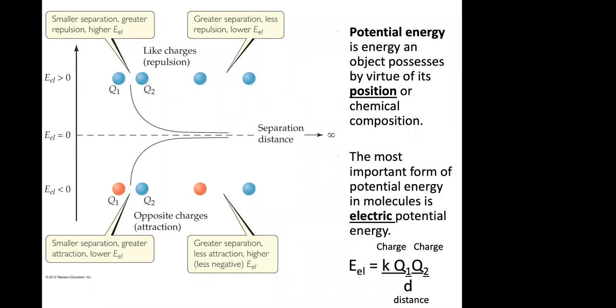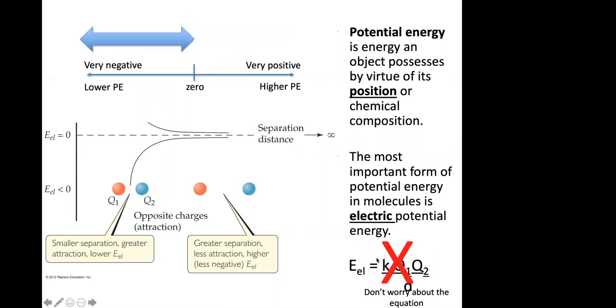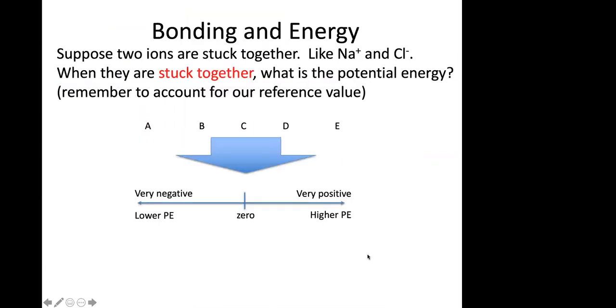You've got a smaller and smaller number in the denominator, so the whole term gets larger and larger. Because one of the Q's is positive and the other is negative, it becomes a greater and greater negative number. So even though you don't have to do the math, that's where the math part is coming from.